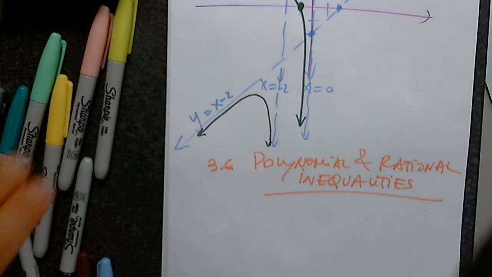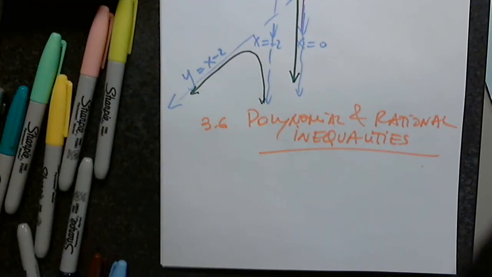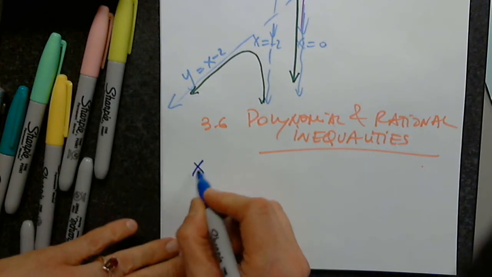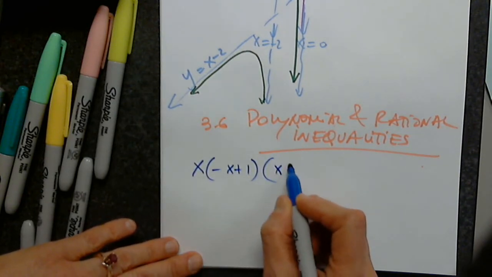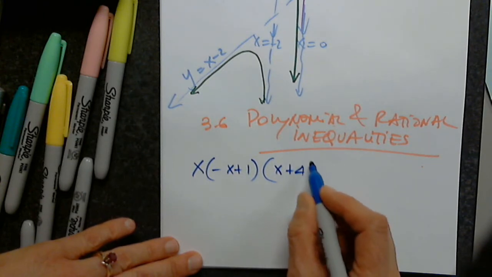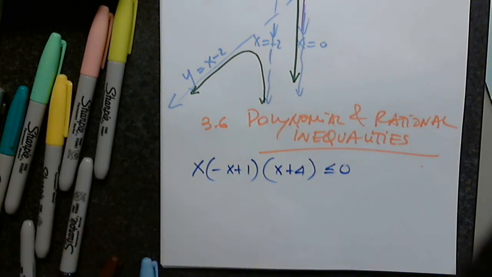Polynomial. Okay, so here's an example of a polynomial inequality. You can say, but the left-hand side is not a polynomial. It is if I distribute it. What would be the degree on the left if I were to distribute?